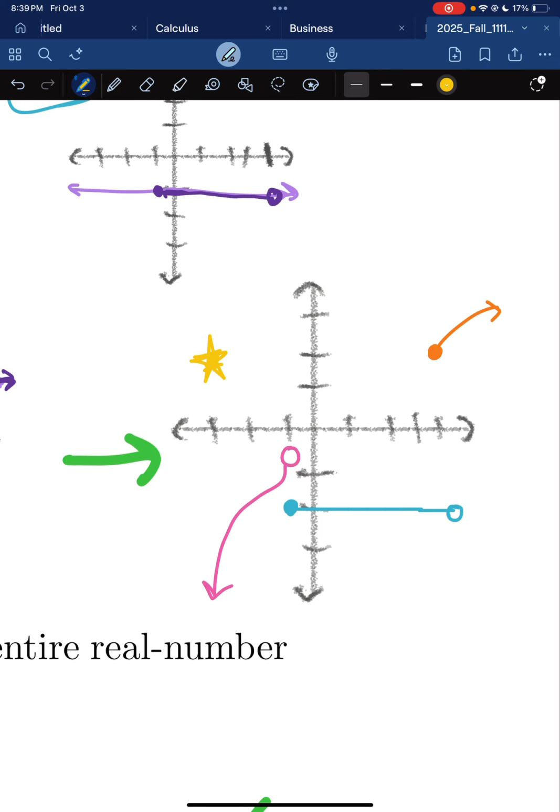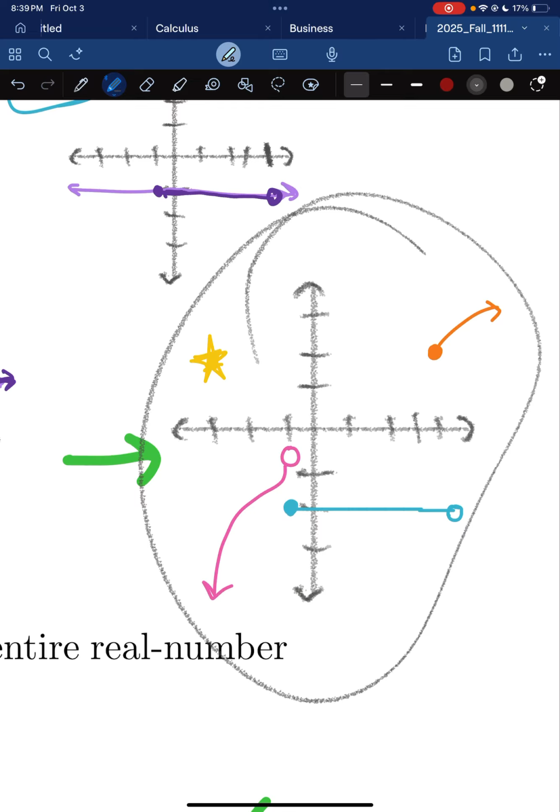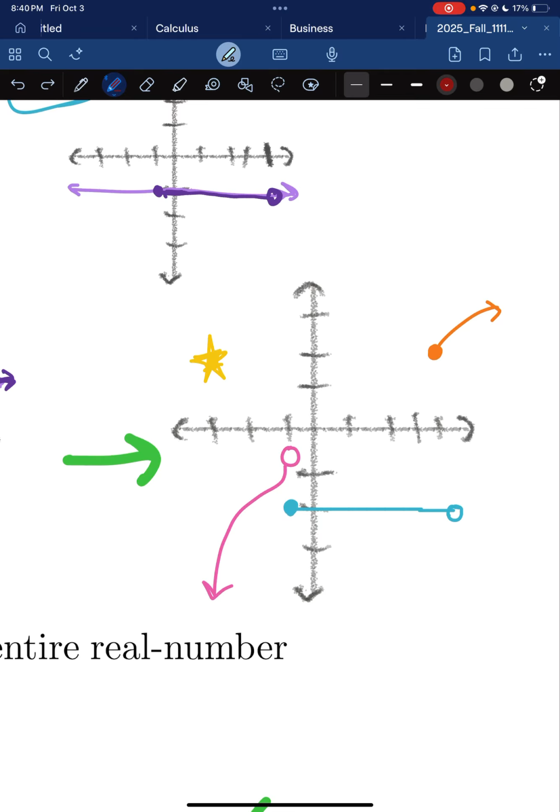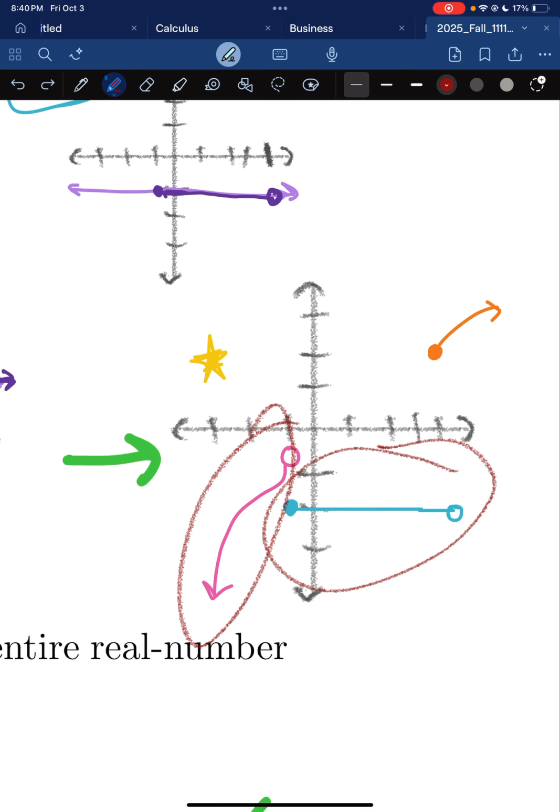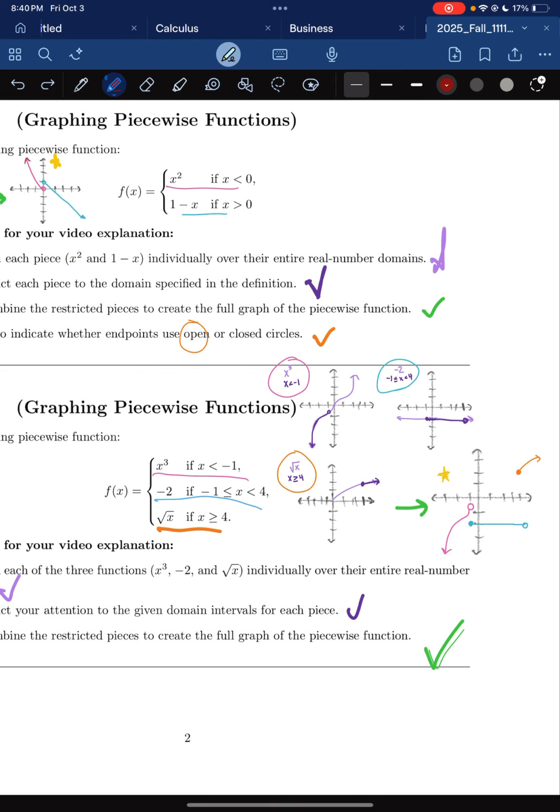So this is what the final graph is going to look like. As you can see, we put all of the 3 pieces together. Yay!